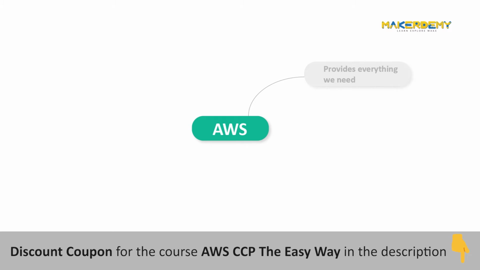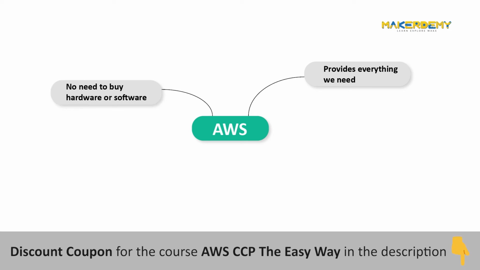The service provides us with everything we need. We do not need to purchase the hardware or software first. AWS manages the service and we use it. Now, AWS manages the underlying infrastructure and networking for that database service, so we don't have to.